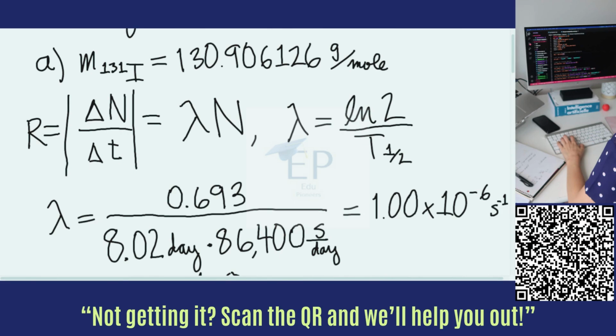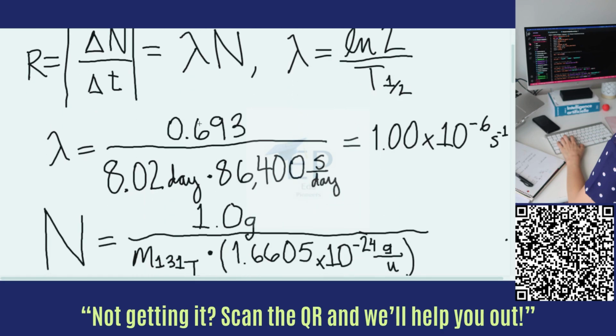So for our iodine-131 isotope, it has an atomic mass of 130.906126 atomic mass units. First, we'll find our decay constant.